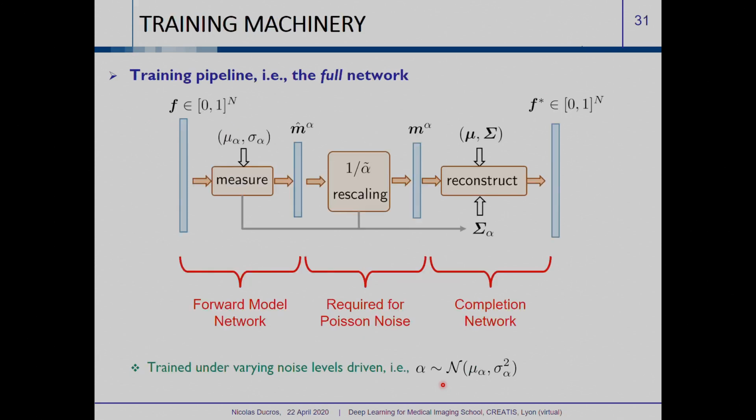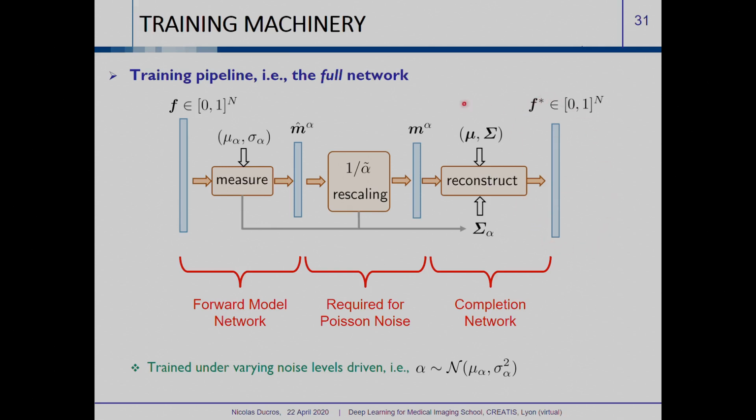Here's the training pipeline of the full network. First of all, I would like to underline the fact that the reconstruction part of the network is only the right-hand part here. In this part, we have the measurement vector, the noisy measurement vector, M alpha. We have the reconstruction stage of the network, which outputs an image.